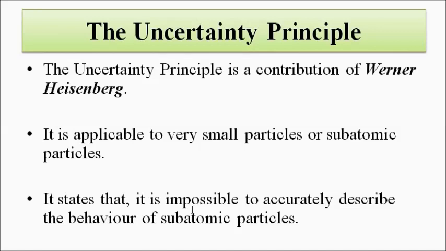So basically the behavior here refers to position, momentum, and the energy possessed by the subatomic particle at a particular instant of time. So all of these come under the behavior of the subatomic particles. So there are two statements of the uncertainty principle, which is called the Heisenberg uncertainty principle, or HUP.